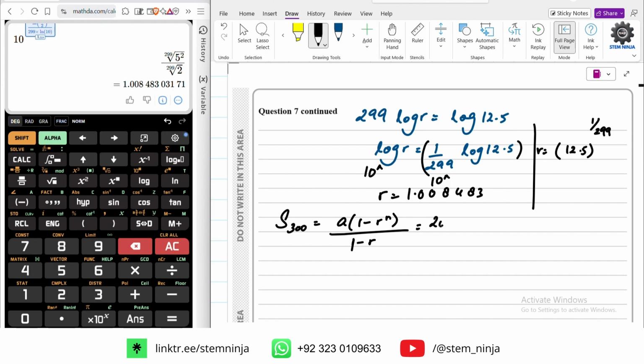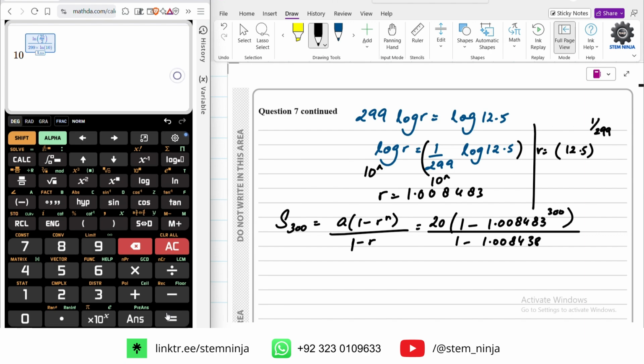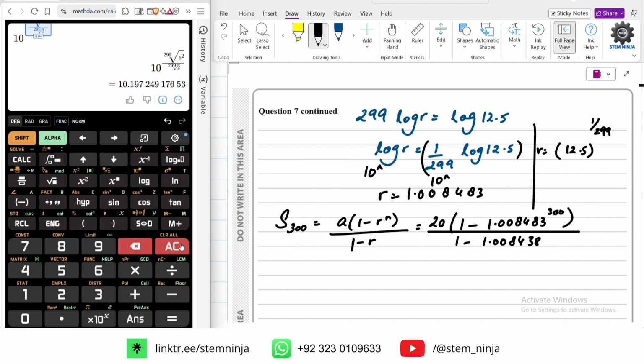So let's use the exact value over here: 1 minus 1.008483 raised to power 300, divided by 1 minus 1.008483. Okay, let's save this value in the calculator so we don't have to write it again.